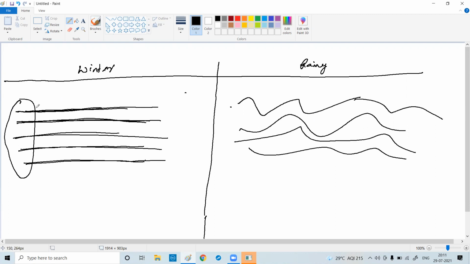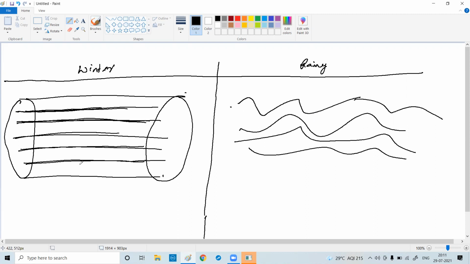Let's say this is a tube. These lines, if I consider them, are called flow lines. A water particle will keep moving like this in a line. It is called a flow line.